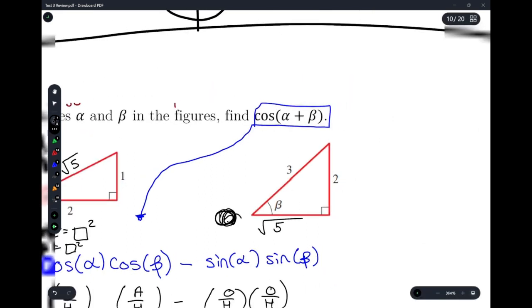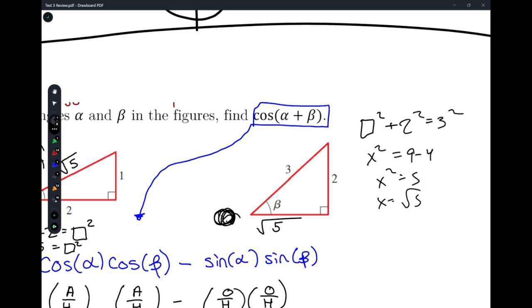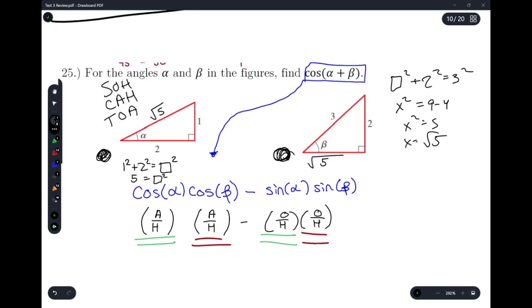Isn't that blank squared plus 2 squared equals 3 squared? So x squared equals 9 minus 4, x squared equals 5, so x equals root 5 again. Well, they ended up being the same, but they're two different triangles.